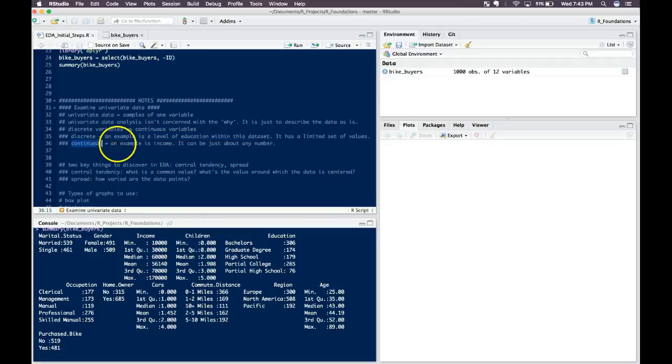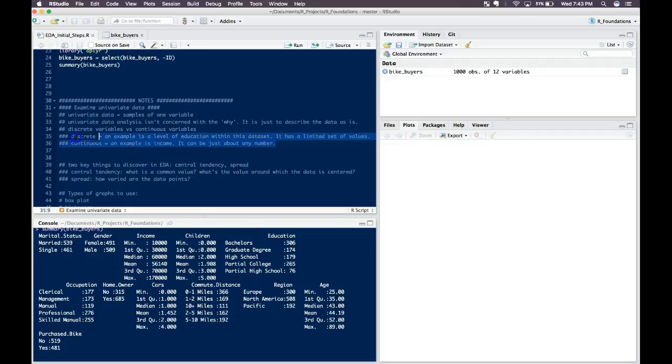And continuous, a good example on this data set is income. It doesn't have to be a specific number. It's not categorized. It can be as high or as low as it needs to be. With income, it's probably not going to be 0, but this is still considered a continuous variable since it can pretty much continually go up a certain scale, whereas discrete, you have bachelor's to partial high school. It will fall somewhere in between there and into one of those categories.